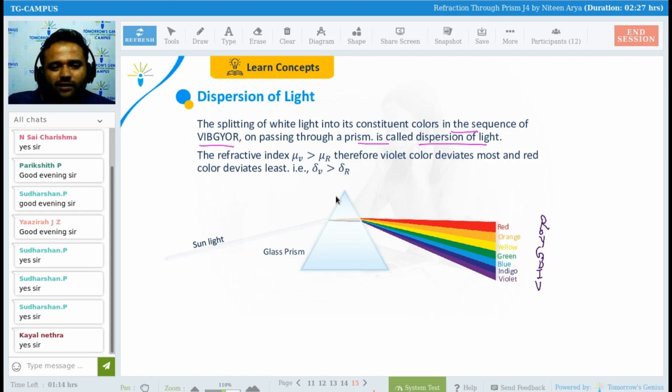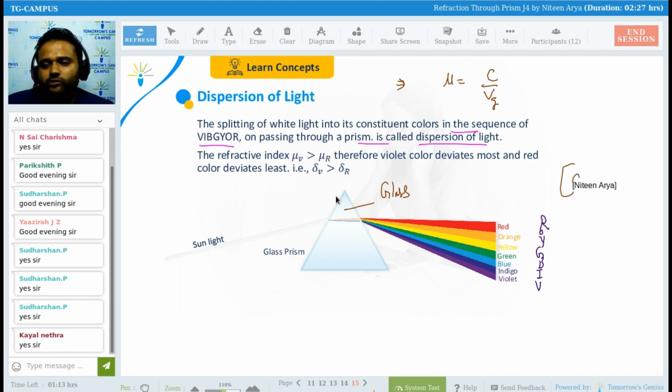As you saw in the previous lectures, the refractive index for any particular medium is simply C by V. C is the speed of light in air and V is the speed of light in that particular medium. Here the medium is glass, or you can say prism, so we take the speed of light in air and the speed of light in glass, VG.